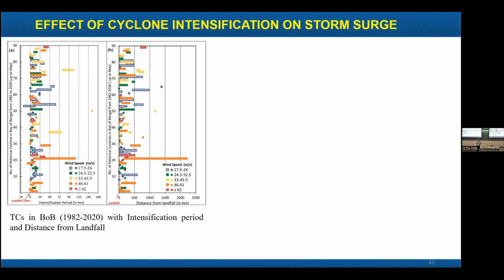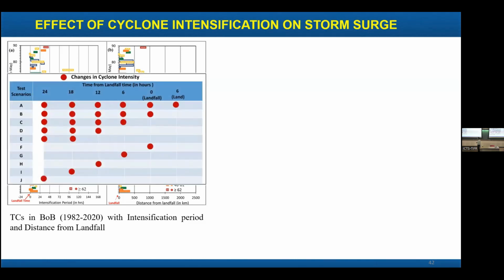And not only that, where it intensifies matters. If it intensifies in the deep sea, what is the impact? If it intensifies very close to the coast, what is its impact? Those things we also understood by doing an analysis, taking different intensification periods and distances from the landfall, so that we can understand its impact.